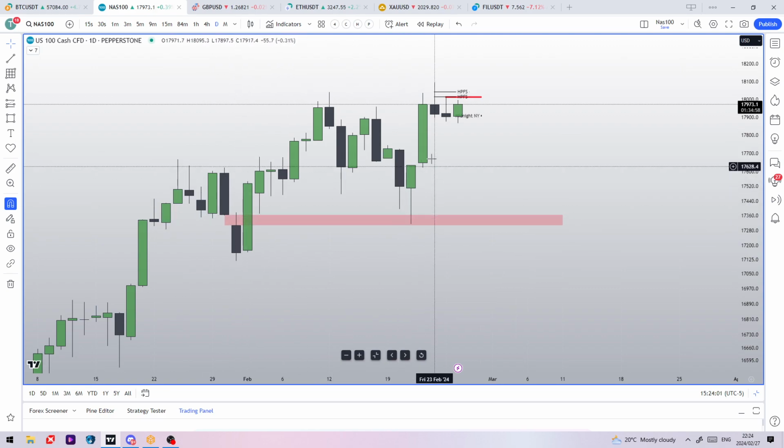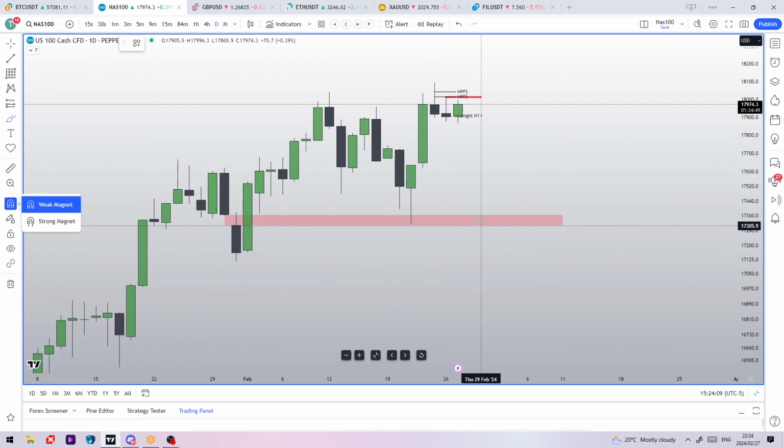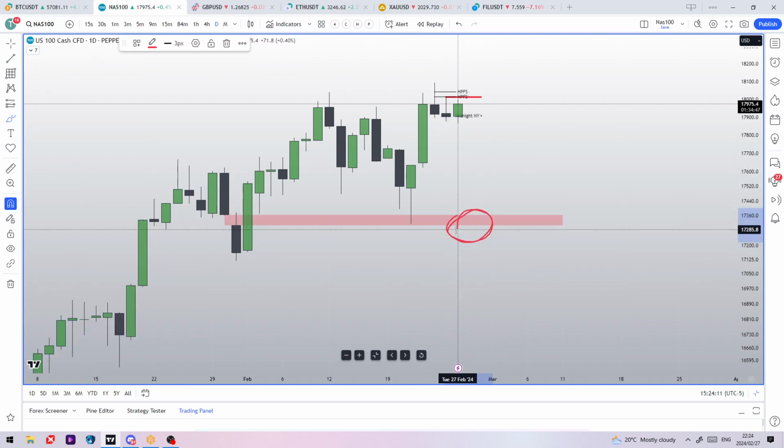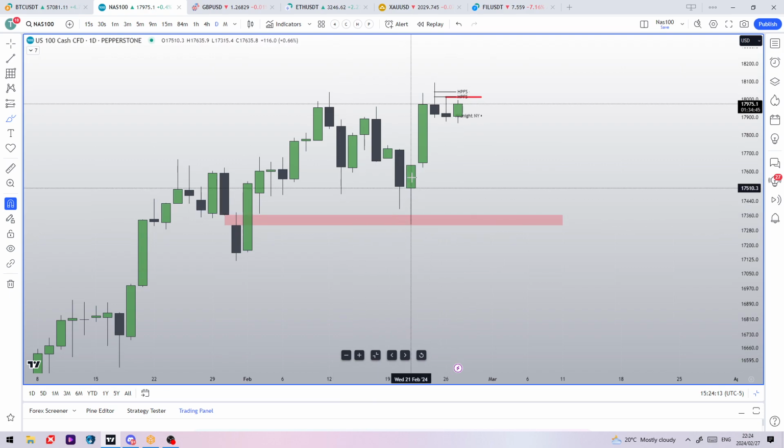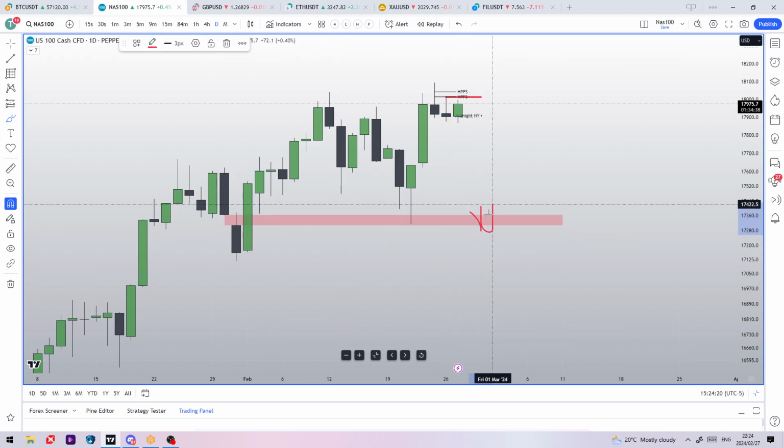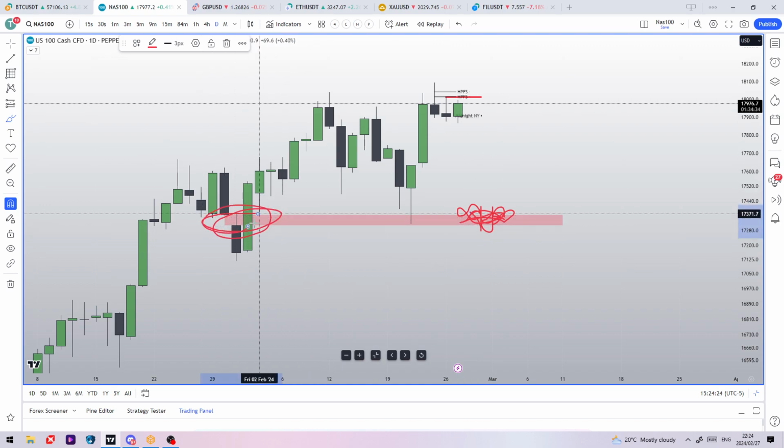We may have reacted off of it, but this does not get balanced until they print an actual down candle body inside here, which they haven't. Wicks don't make this efficient. They need to print an actual physical down candle body on a daily inside here.